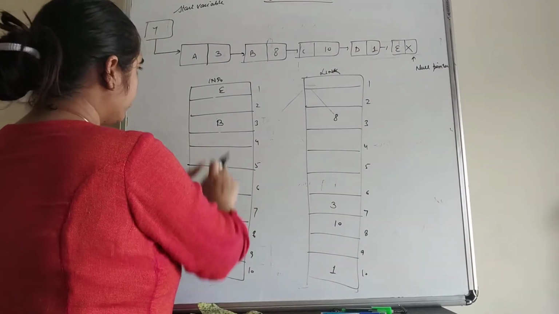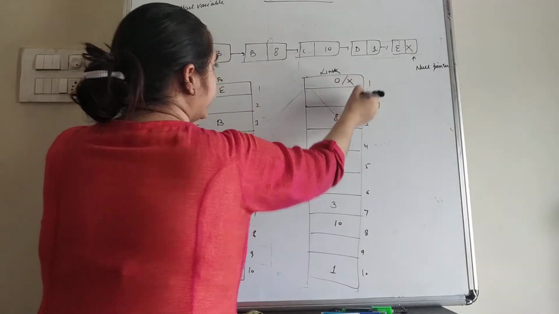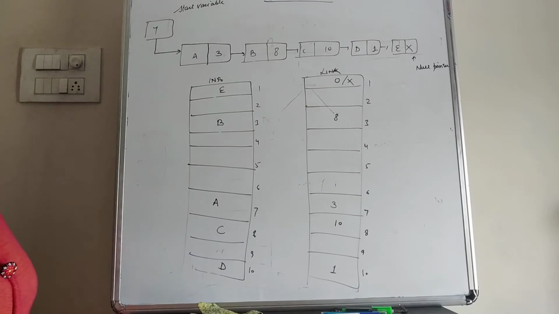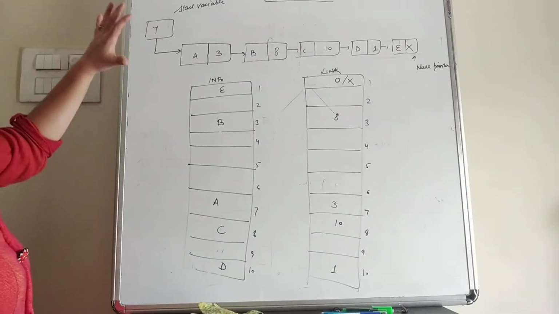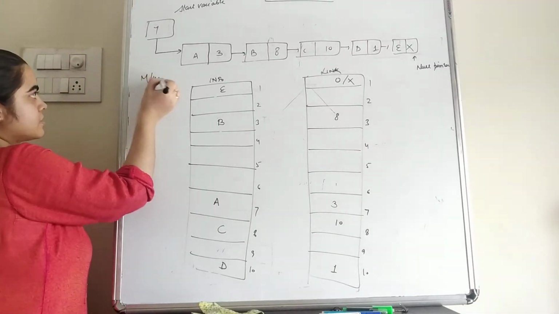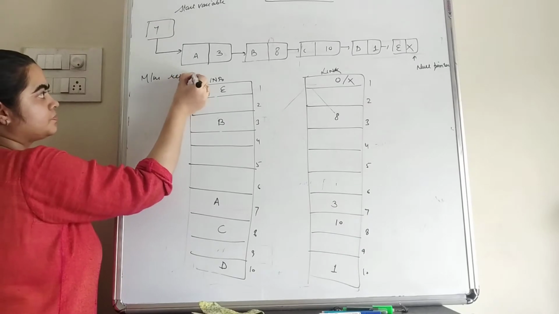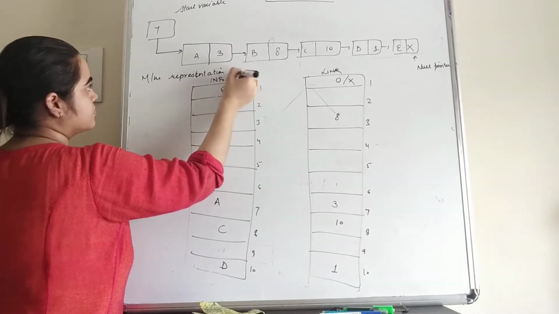So in front of E we can write either 0 or a cross. So this is the null pointer. That means this is the end of the linked list. So students, this is the memory representation of the linked list.